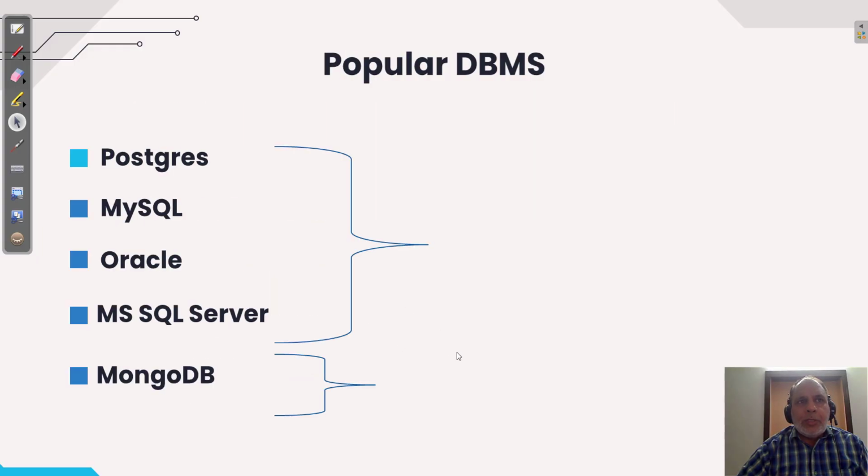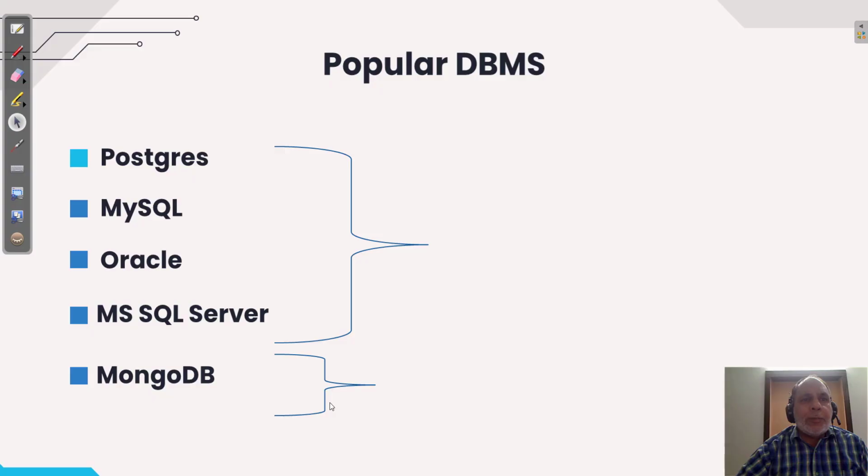Next we will discuss the popular DBMS types. Postgres, MySQL, Oracle, MS SQL Server, these are the relational databases. These are using tables which have relationships to each other, right? So these are called relational databases.